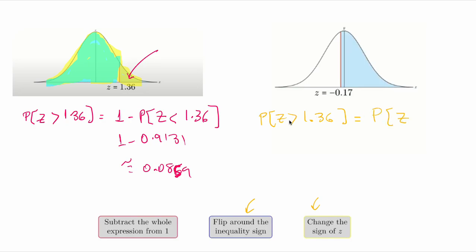If this is bigger than, I will flip to smaller than, and then I'm going to change the sign of z. This is equal, but does this move help me? You could calculate from that, but do I have negative values of z in my table? No.